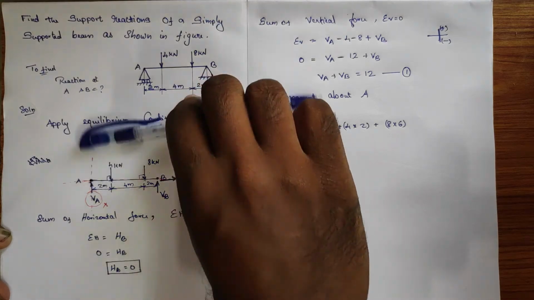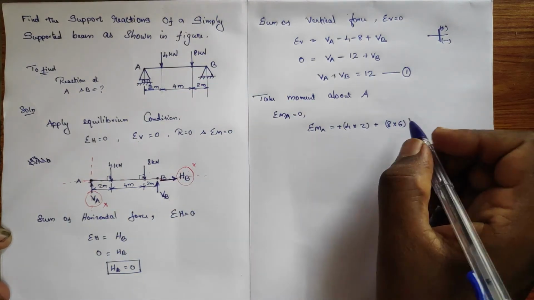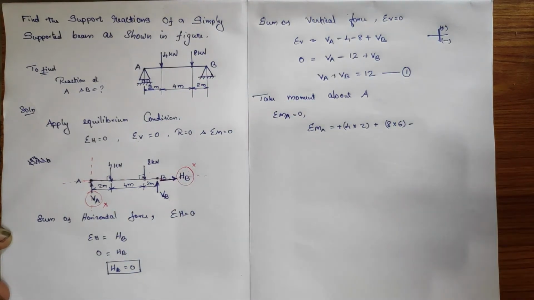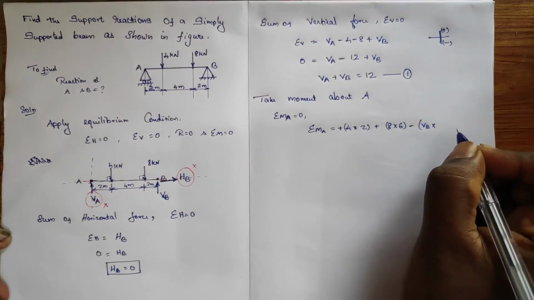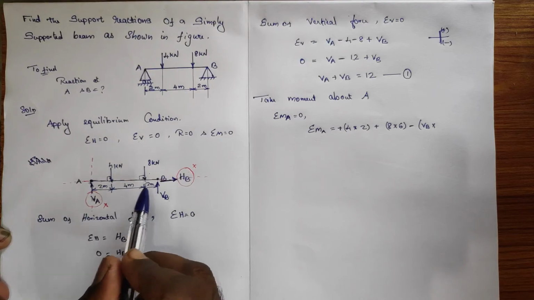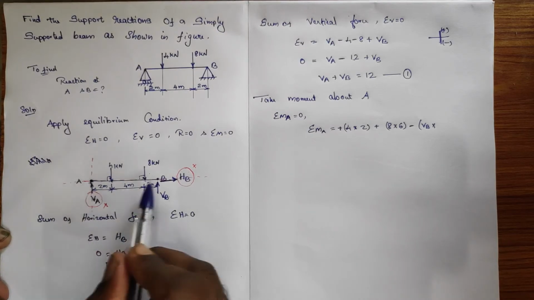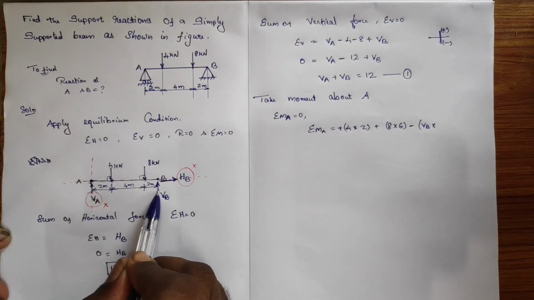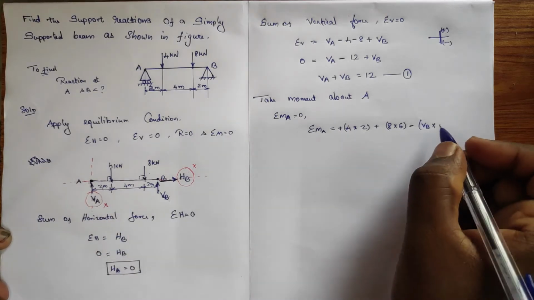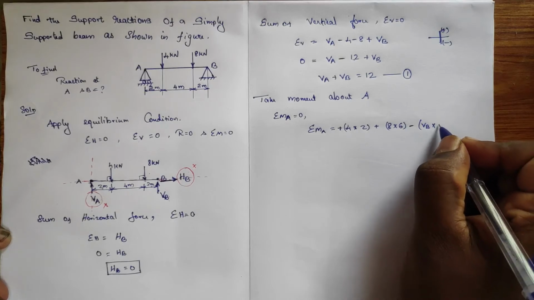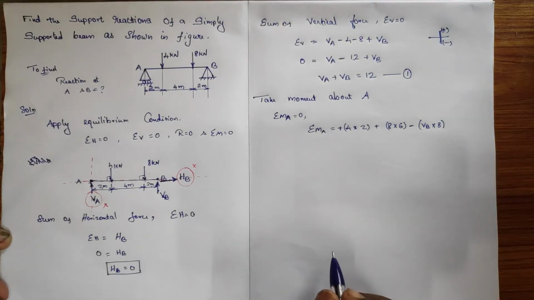It's an anti-clockwise direction. So here we need to take a minus sign, and VB into its perpendicular distance from A to that particular force. What is the distance? 2 plus 4 plus 2, it's 8. Okay, so VB into 8.